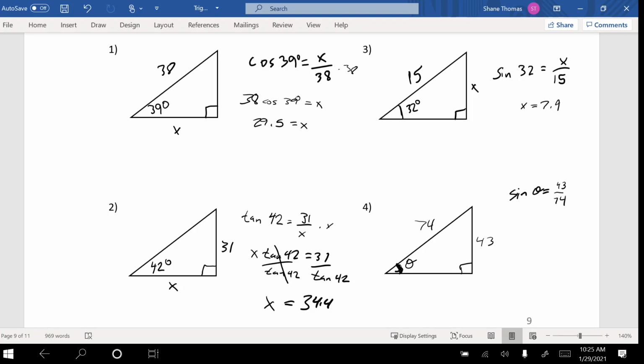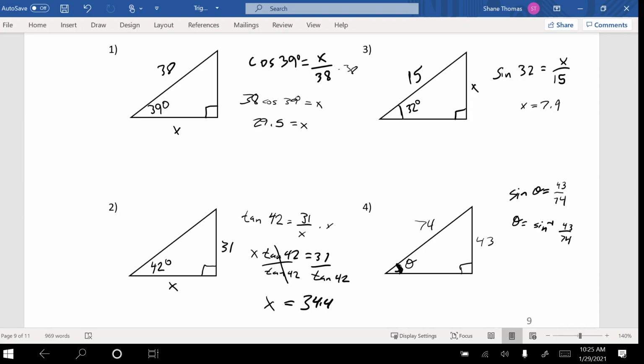Now we just talked about this one. Technically I can't divide by sine, so what do I have to do in this case? What function do I use on a calculator? Inverse sine? Yep, inverse sine, correct. So the inverse sine of 43 over 74. Go ahead and punch that in the calculator.